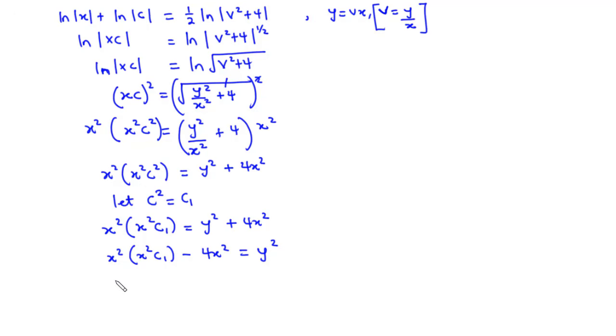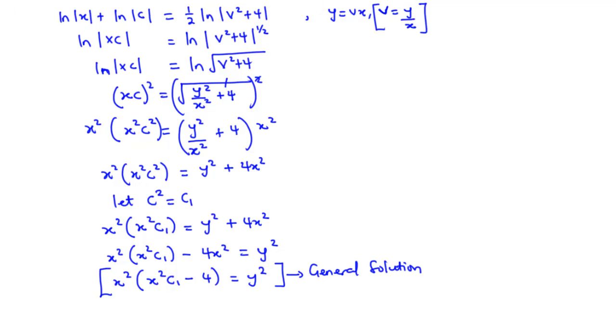So we can factor out x square, so that we have x square into bracket c1 minus 4 equals y square, and then this is the general solution. Okay, this is the general solution of the differential equation.